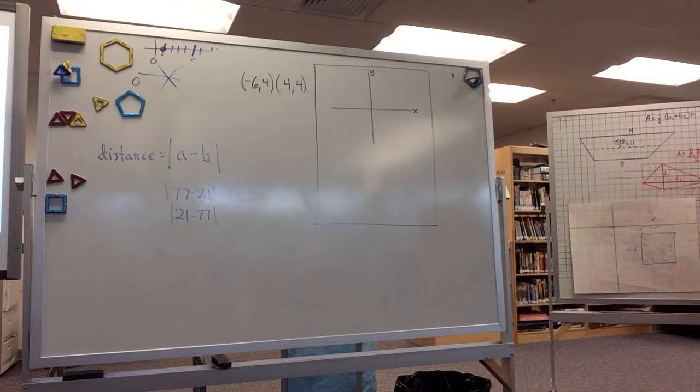A dot for each of those. You don't have to label them, just put them on the grid. And we're going to say that each one of the little squares is a unit. So negative 6, 4, and 4, 4.